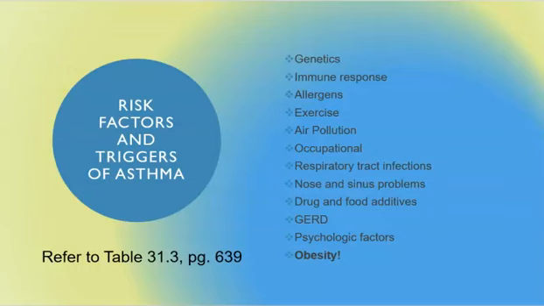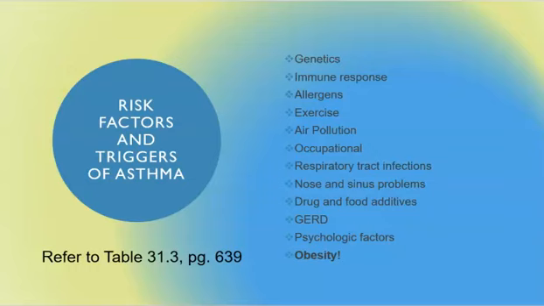I really want you to refer to certain tables. Refer to table 31.3 and page 639. This is a laundry list of some of the risk factors and triggers to asthma. And I'll just repeat them because I'm on a video here.